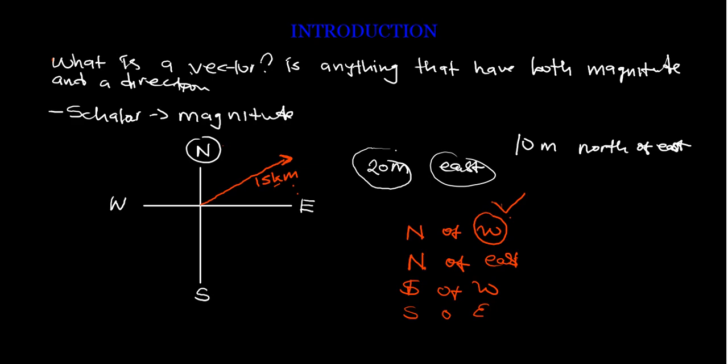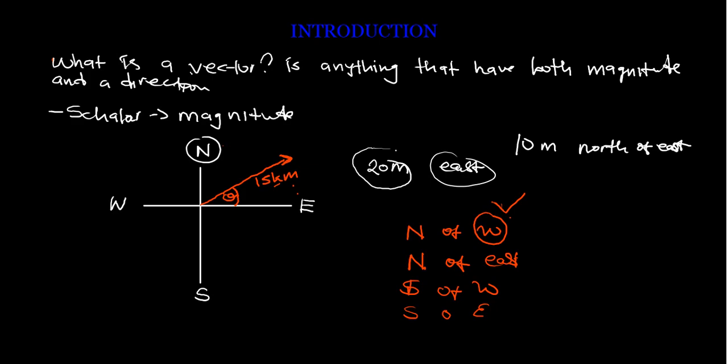So we're starting from here, that's your starting point, and you measure like that. That angle that you have, that's how you get the angle. That's about a vector and a direction. So we'll be placing it on a Cartesian plane.